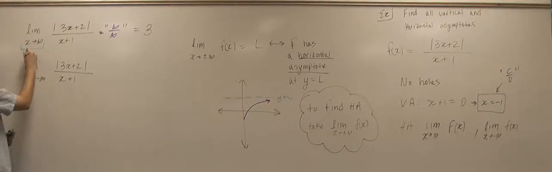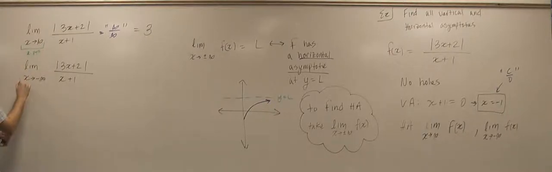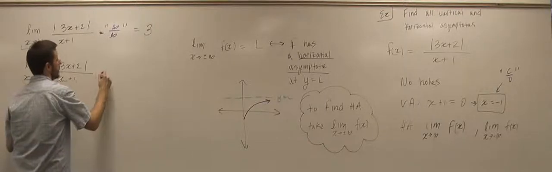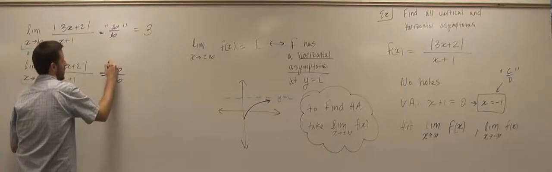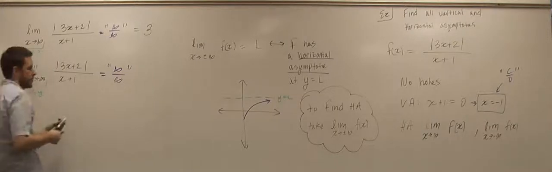So this guy here, x was positive, but this guy here, x is negative. So this is infinity over infinity. The bottom's negative, so you're going to go to negative.